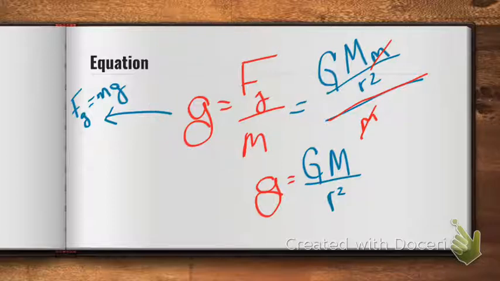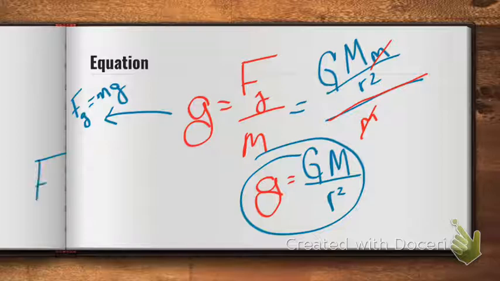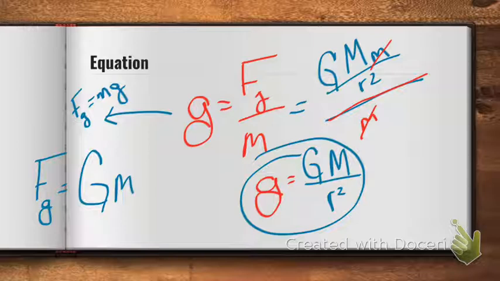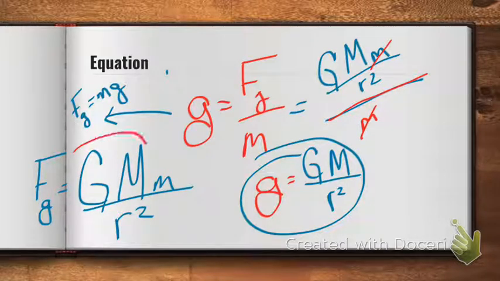But they don't actually give you this equation. But y'all are smart. Let me show you. Sometimes we have doubts, but it's there. Mass of the big object, mass of the small object, divided by r squared. That is your little g.